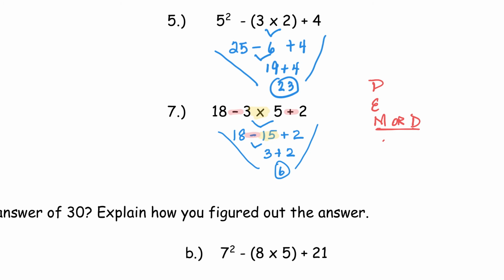And then after that, lastly, it's addition or subtraction, whichever comes first in the problem. So when I look at number 7, I see that the subtraction comes before the addition. So in this case, I have to do the subtraction first. That's one of the biggest mistakes that kids make, boys and girls, so be very, very careful.